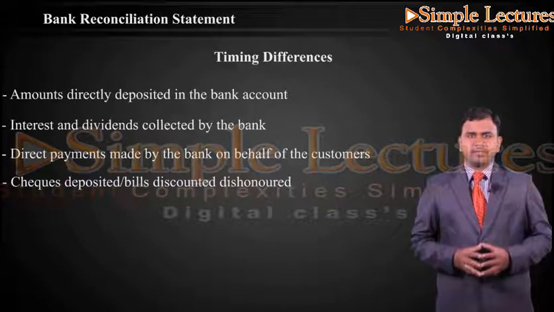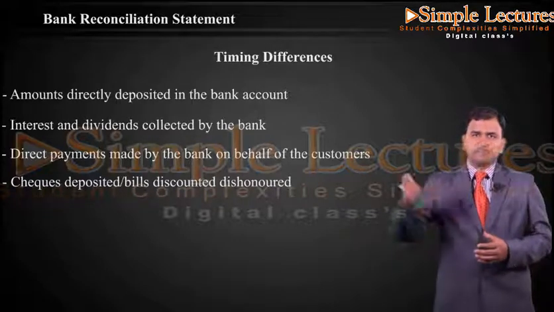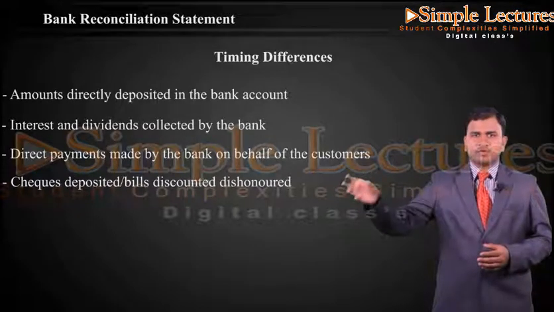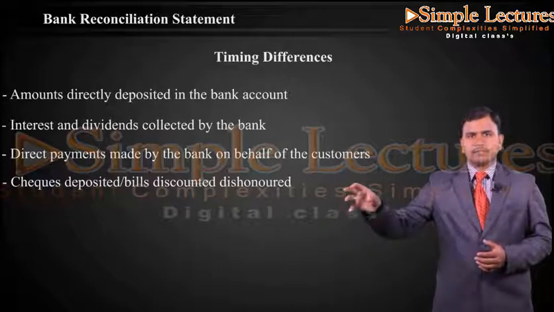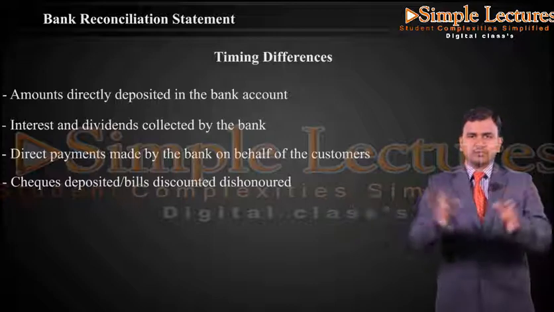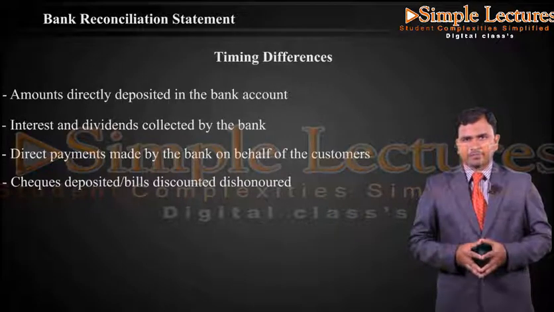Same here, the organization has a cash book and the bank has a passbook. If any payment is made on behalf of the company by the bank, that entry will be made only in the bank passbook, not in the cash book. So, to remove this difference, we are going to prepare a bank reconciliation statement.